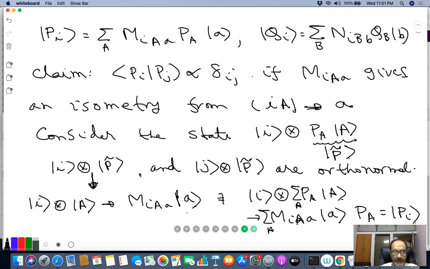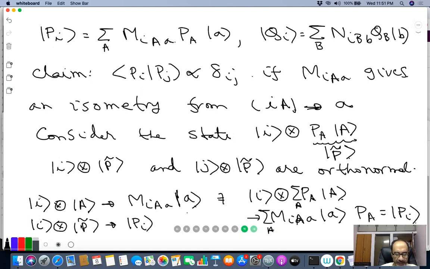So I times P tilde is getting mapped to the state Pi.